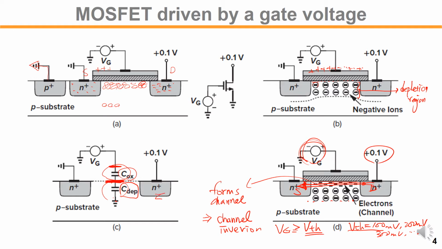Also, there is a reverse-biased PN junction, which causes some diffusion capacitance through the off-state diode.